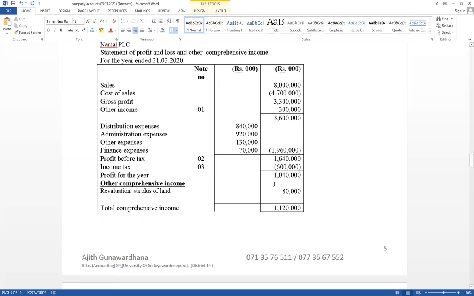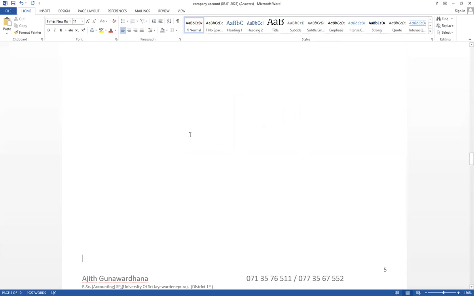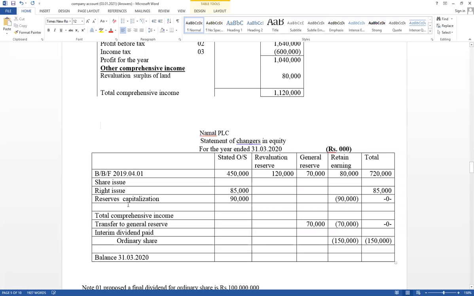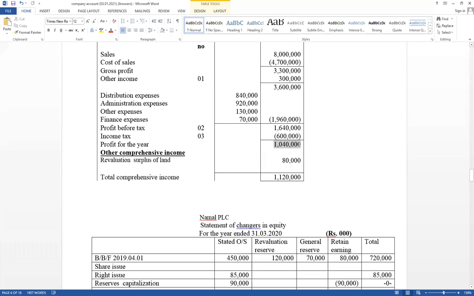Then think how to disclose in the statement of change in equity. This value should be included in statement of change in equity. Think about profit for the year as well as other comprehensive income where we have disclosed. Profit for the year, this value should be included in the retained earnings column. Retained earnings.